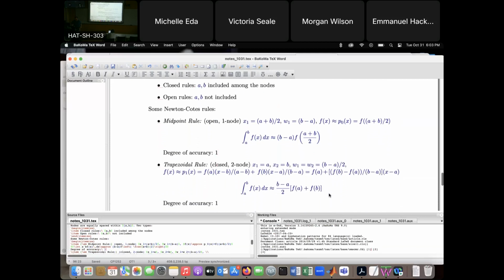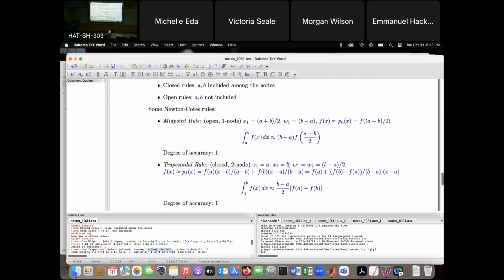Next, trapezoidal rule. So here we have two nodes, and the nodes are just the endpoints, A and B. So that's an example of a closed rule. These two nodes have two weights that go with them, and they're both equal to b minus a over 2.